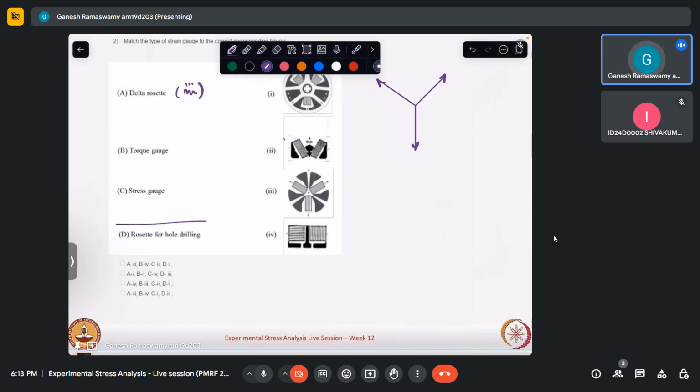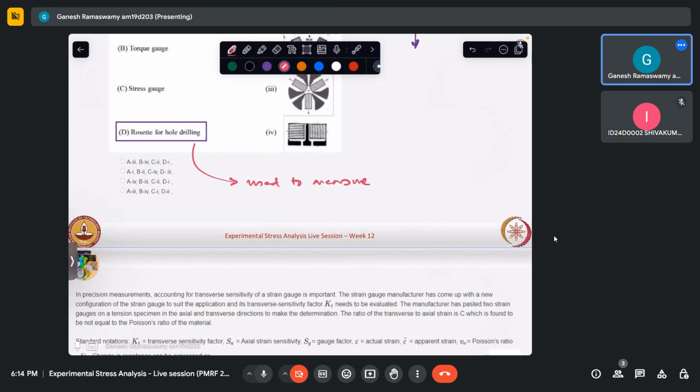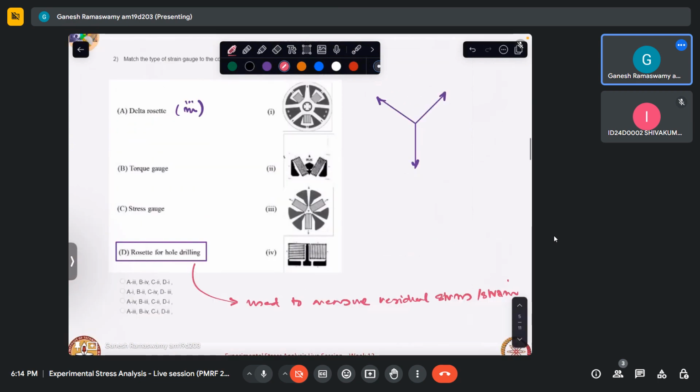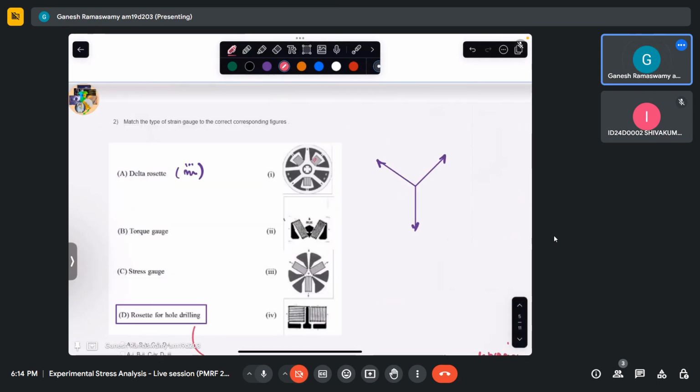Now what do we know about this rosette of hole drilling? That this is used to measure residual stress or strain. So we will initially paste this on the surface and then drill a hole in the middle, and whatever stresses get relieved, they will actually be captured by the strain in these three strain gauges.